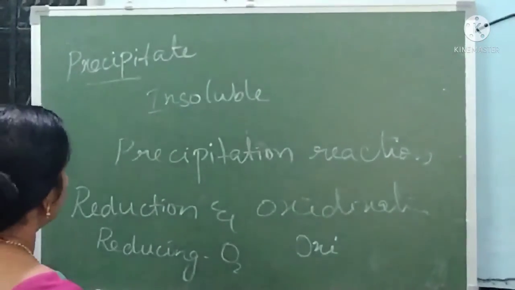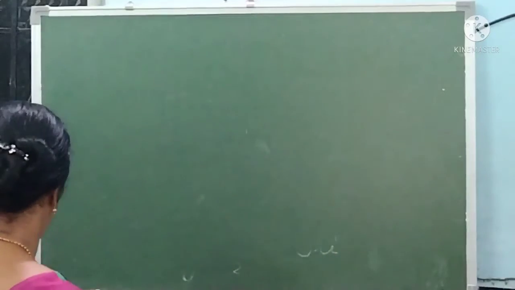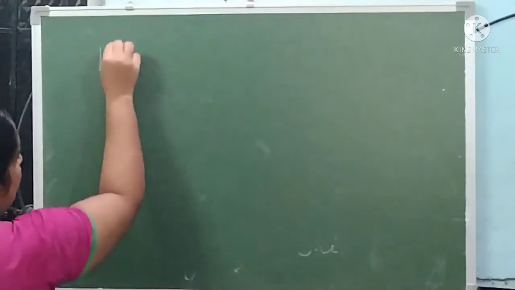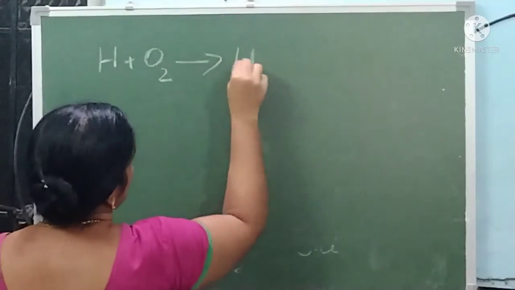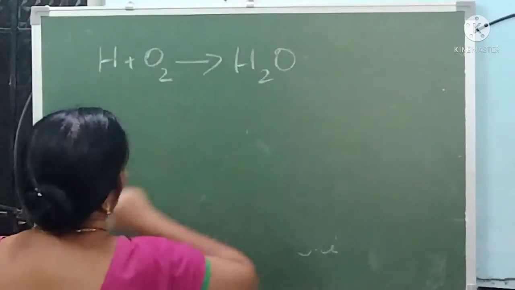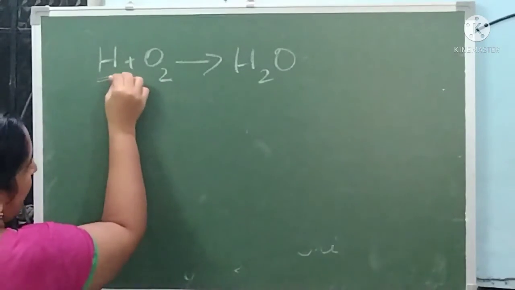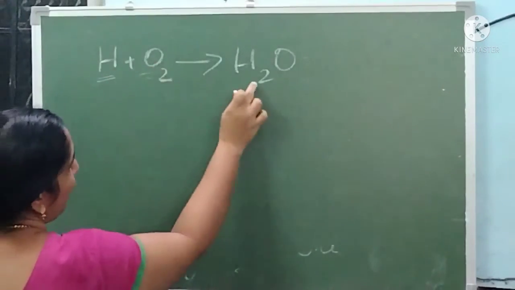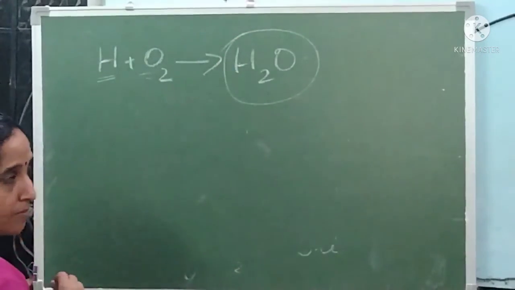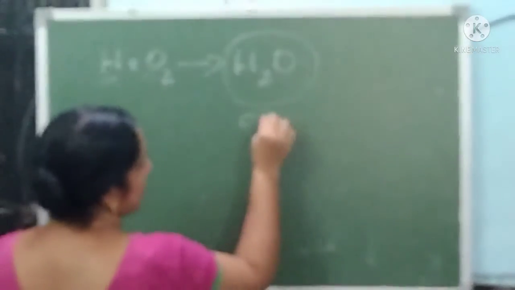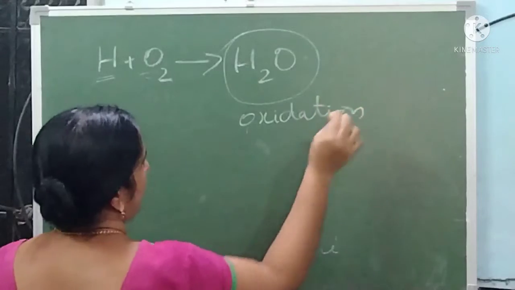Suppose for example, H2 plus O2 gives H2O. Here hydrogen and oxygen combine to form water. So hydrogen gains an oxygen atom. Hence it is called oxidation. Gaining of oxygen is called oxidation.